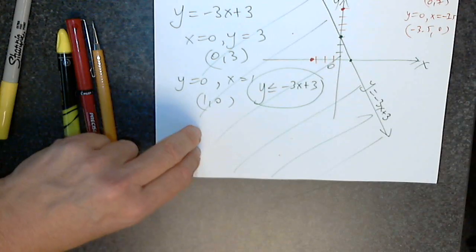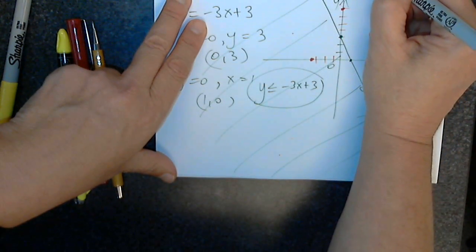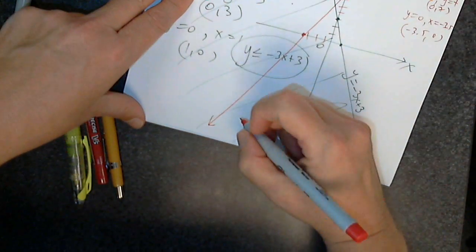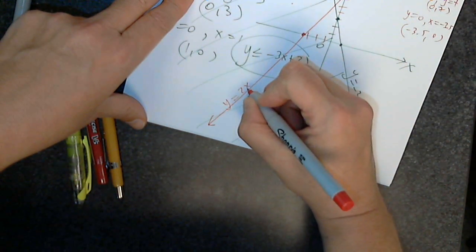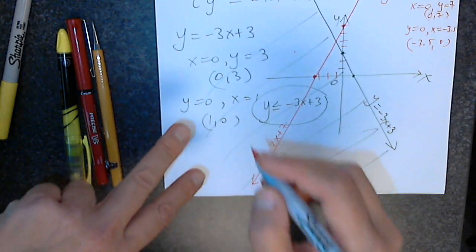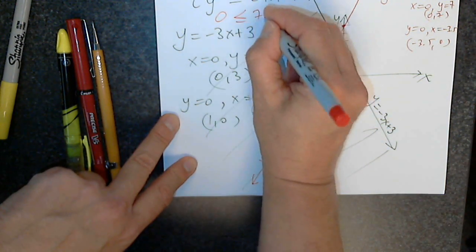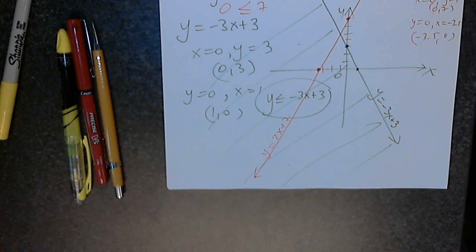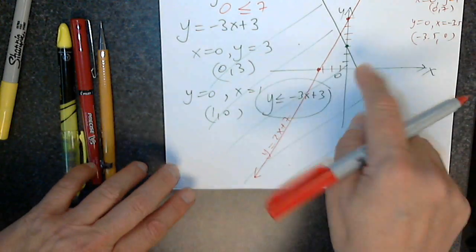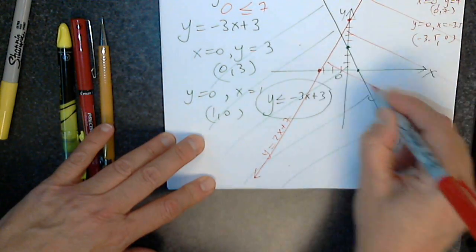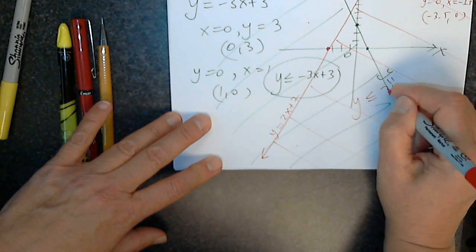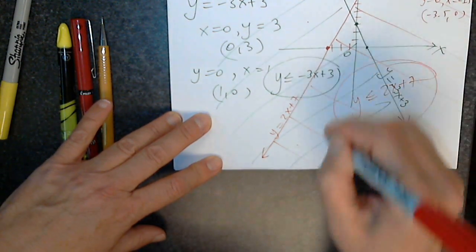This is a solid line. I write on the red line y equals 2x plus 7. I pick the origin, and I get that 0 is less than or equal to 7, which is a true statement. So the area with the origin has to be shaded. And this is y less than or equal to 2x plus 7.